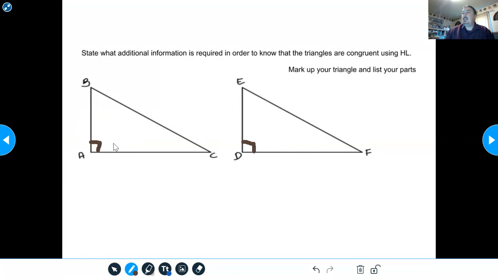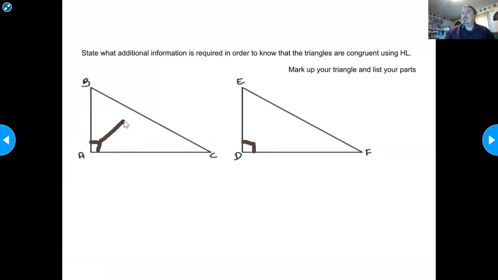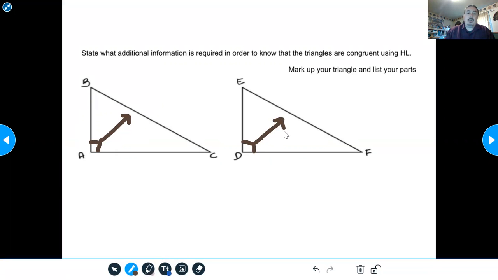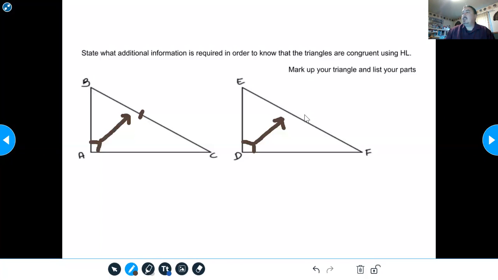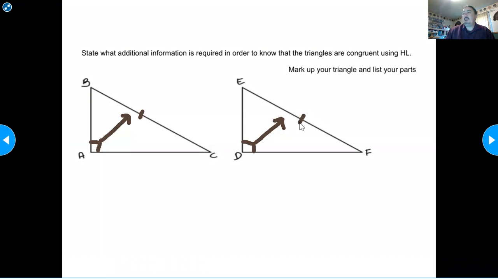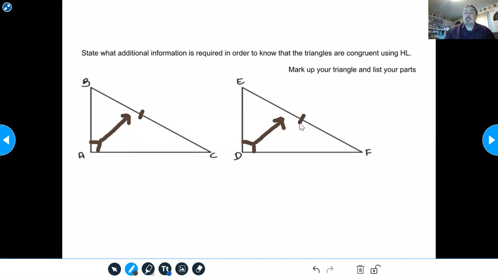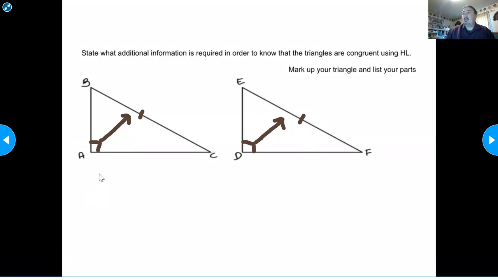Now, if they are right, then you need to know that the hypotenuse, which is the side opposite of the 90-degree angles, are congruent. So if BC is congruent to EF, that is a piece of information you absolutely have to know. And so I'm going to write it down right here.